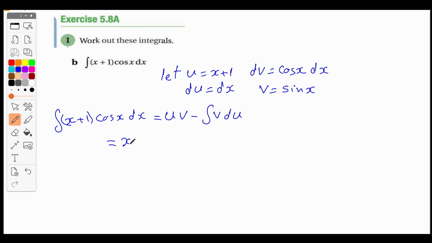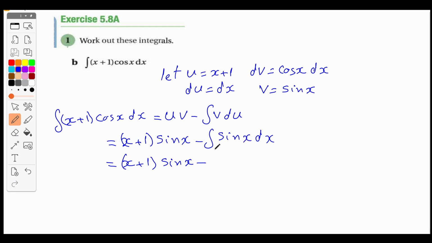Okay, so we say (x plus 1) multiplied by sine x, this is uv, minus the integral of v, which is sine x, du, dx. Okay, keep this one as it is. This is the first part of the answer. Okay, minus the integral of sine x is what? Negative cosine x. Okay, and you know that negative multiplied by negative is positive, cosine x, then plus c.